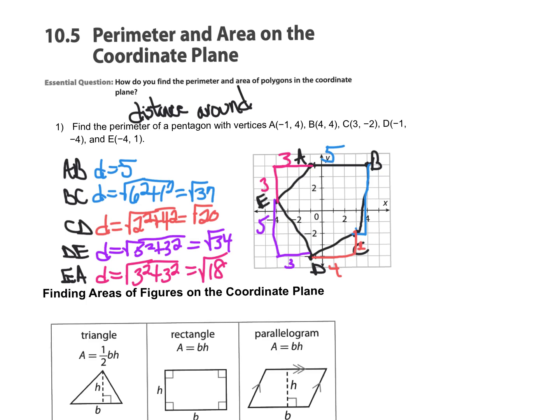Alright, so now we're going to add all those together. Alright, so I have 5 plus 6.08 plus the square root of 20 is 4.5 plus the square root of 34 is 5.8. The square root of 18 is 4.24.